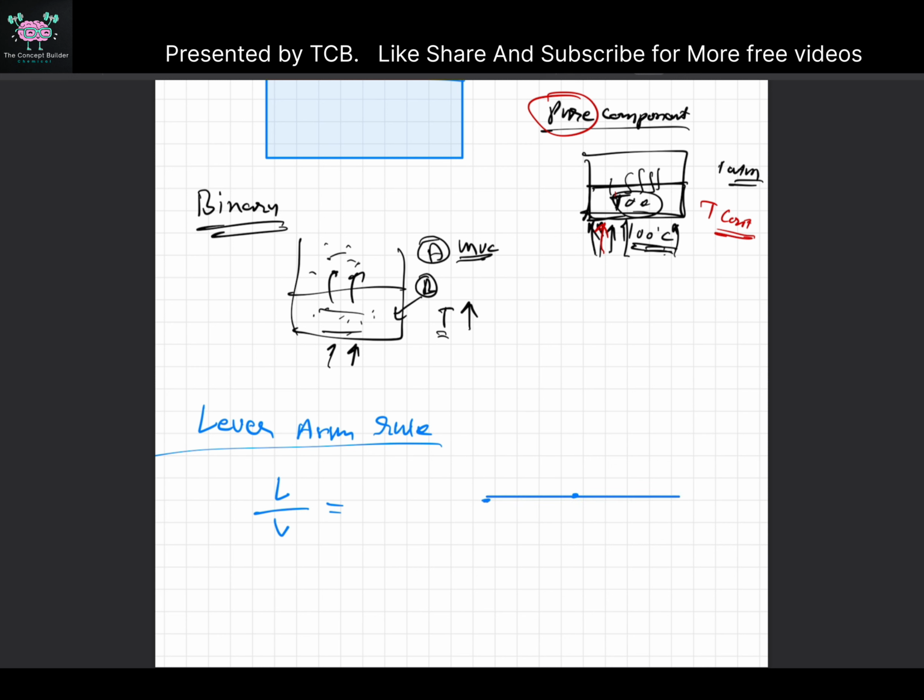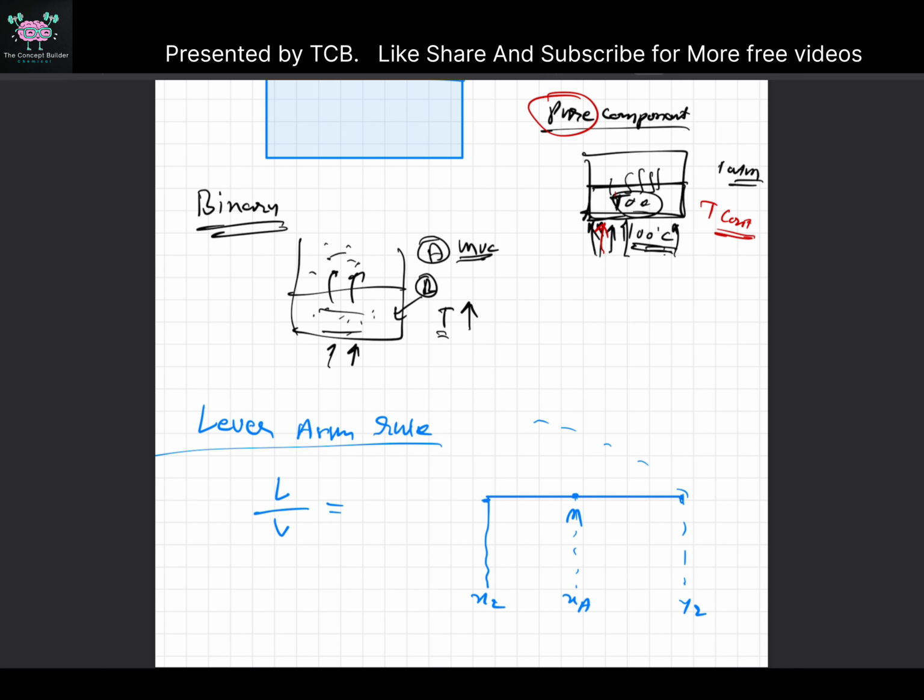So this is your line, here is a mixture where initially you had the mixture, its composition is XA, and when the mixture has vaporized enough, the amount of liquid and vapor has changed. So let's say it's X2 and this is Y2, the vapor phase.